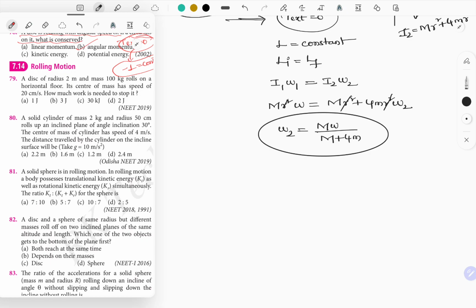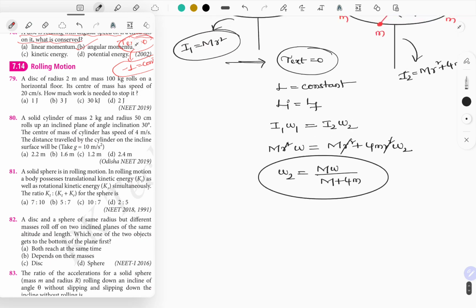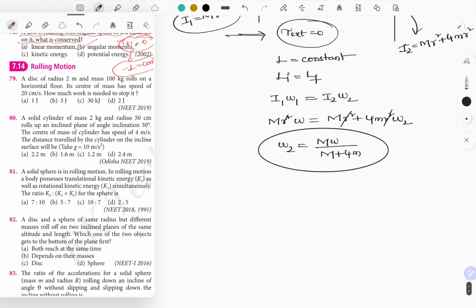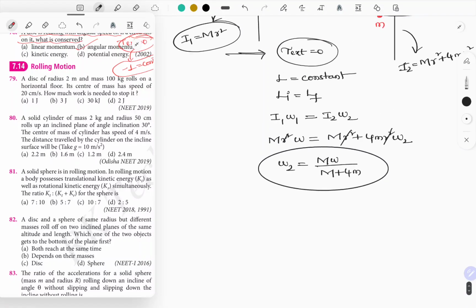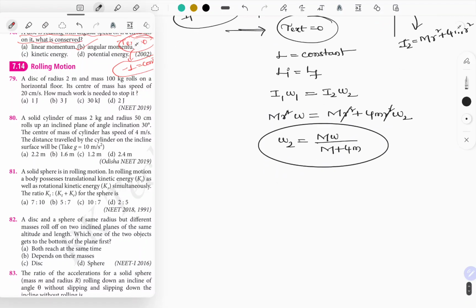Our next concept is rolling motion. It's a very, very important concept and a confusing concept also. I'll try to make it easy, try to understand. I already explained to you about the kinetic energy of a rolling body. Kinetic energy of a rolling body, in the sense it will have translational kinetic energy and rotational kinetic energy, right?